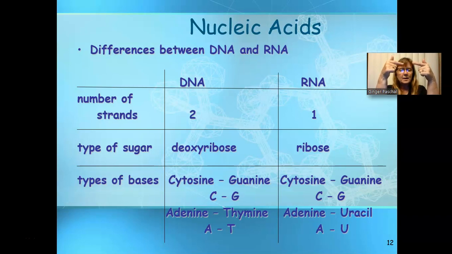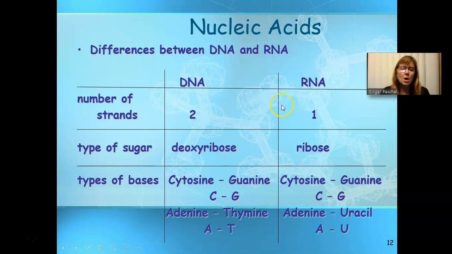If this one is adenine, then this one is thymine. We abbreviate those just by using the first letters of each of those words, and we capitalize them. So cytosine bonds with guanine, and adenine bonds with thymine. A goofy way to remember this is apples fall from trees, A-T, and cars park in garages. So that'll help you remember which one pairs with what.